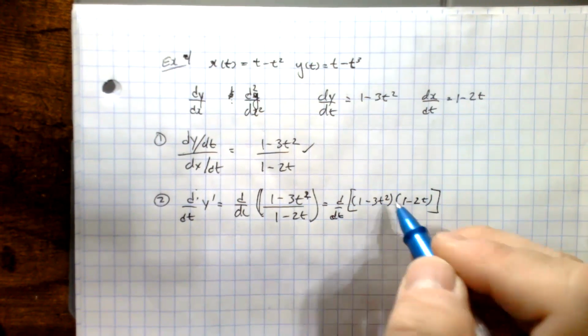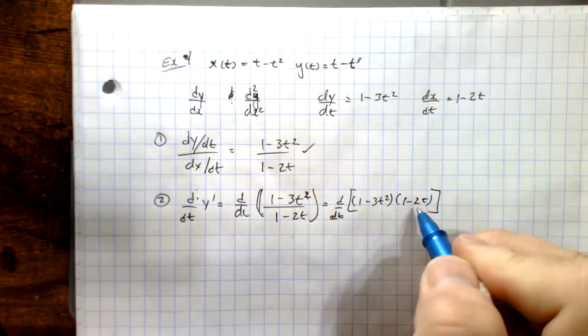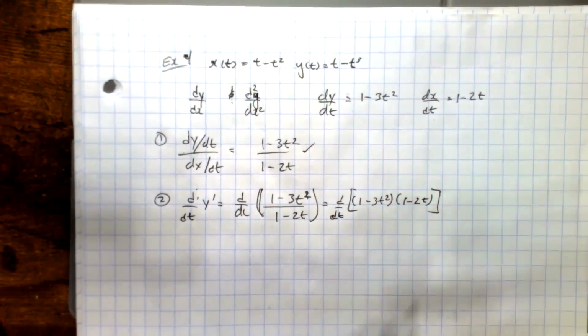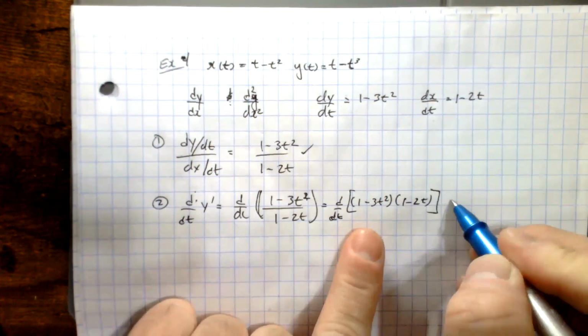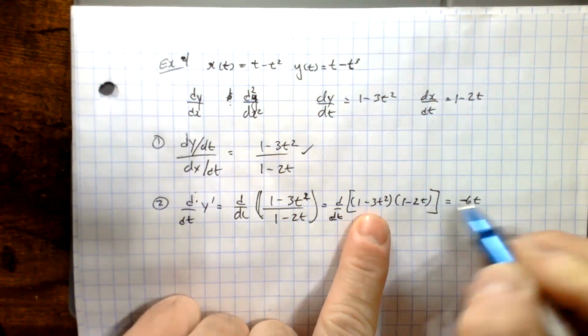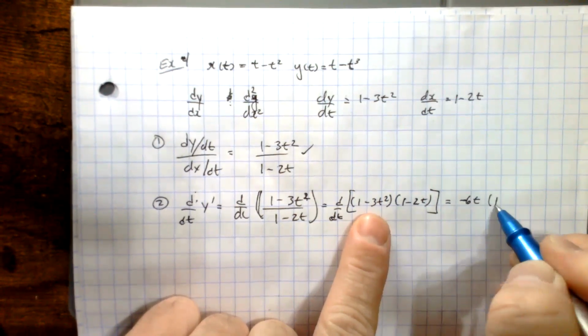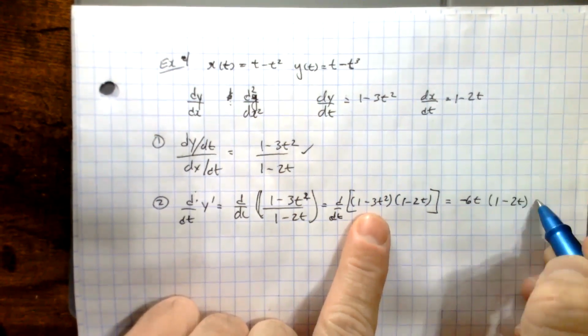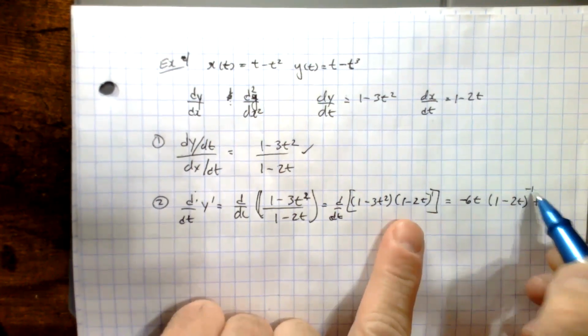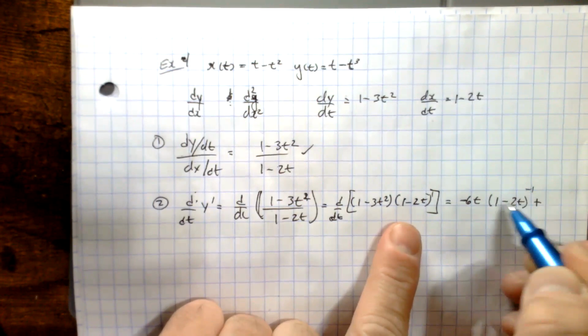So the product rule is derivative of one of them times the other plus the other one times the derivative of the second one. So the derivative of the first term is going to give us a minus 6t here times the second one, 1 minus 2t, plus, and then the derivative, this is a negative one up here. Now we're going to take the derivative of the second one.